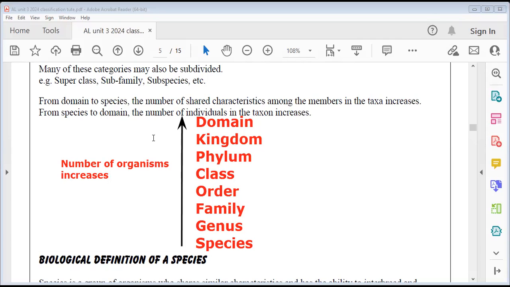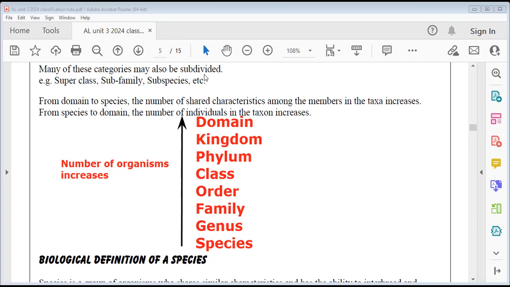Compared to a village, in a district there will be more people. Compared to a district, in a province there will be more people. Why? They are bigger ones.